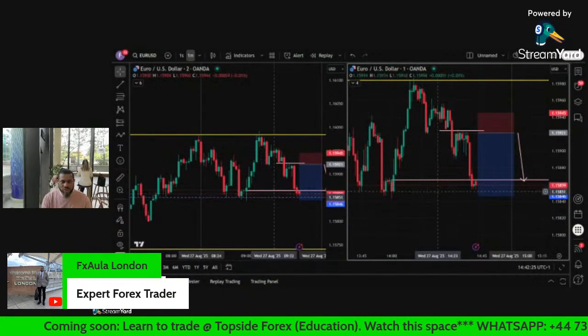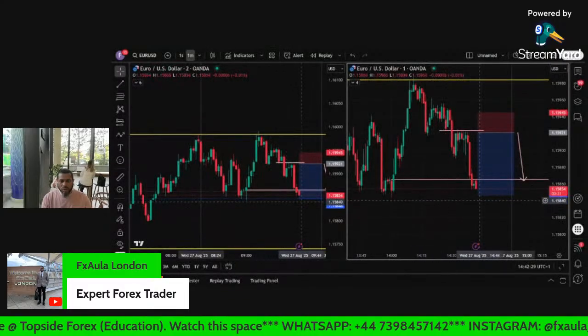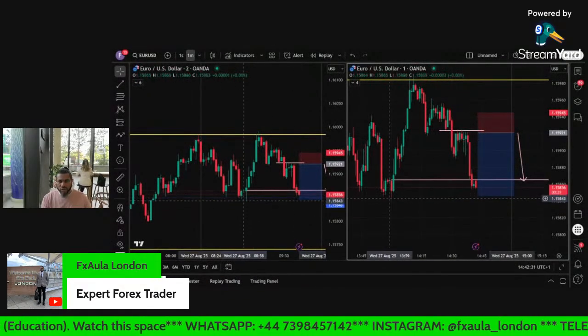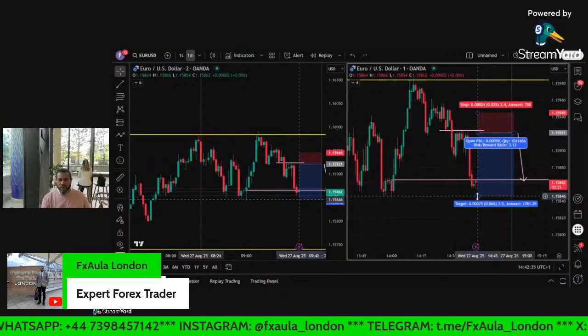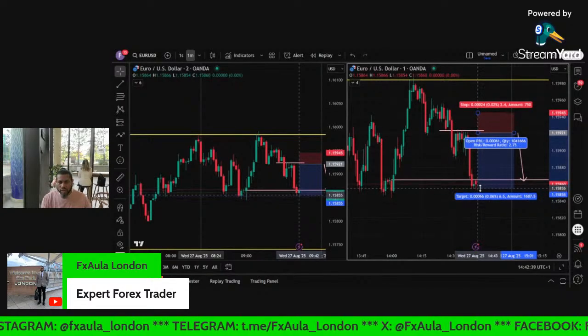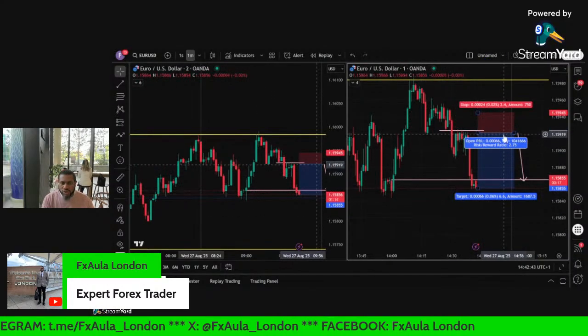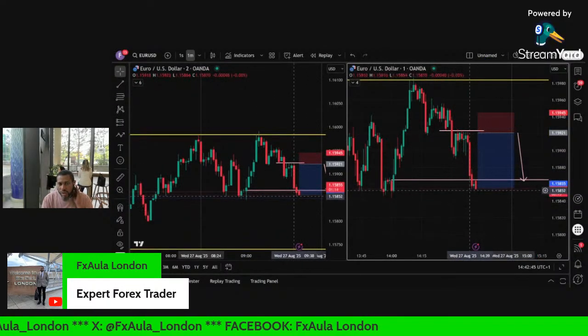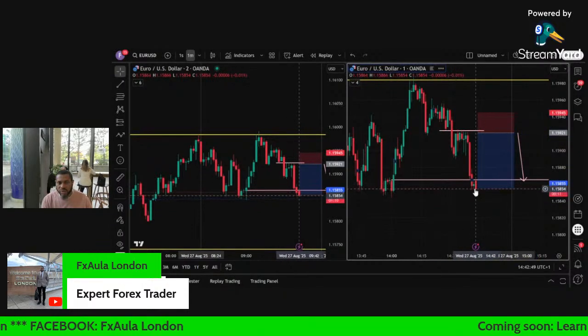Otherwise, I should have made three times my account. You see how price is perfectly coming to attack this. And even if it reverses from here, no problem, we hit our objective. So we close around this place, 2.75. Sweet trade. I really love this style of trading, it's very powerful.